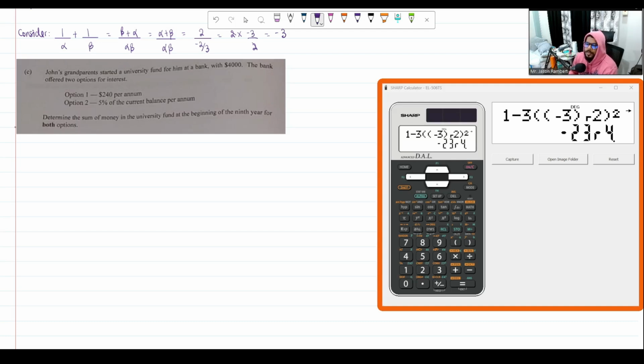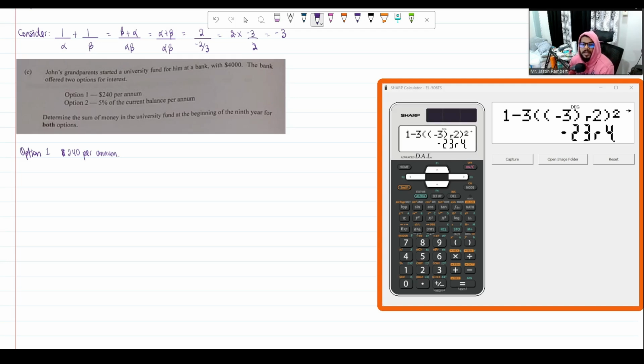So let me go with option 1 first, right? Option 1, which is going to be $240 per year or per annum. John's grandparents started a university fund for him at a bank with $4,000.